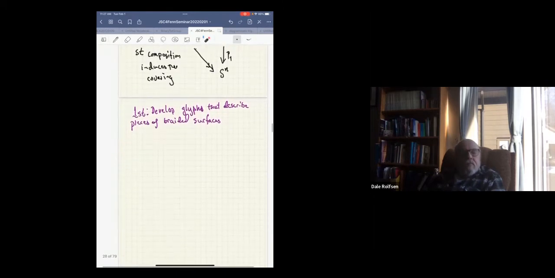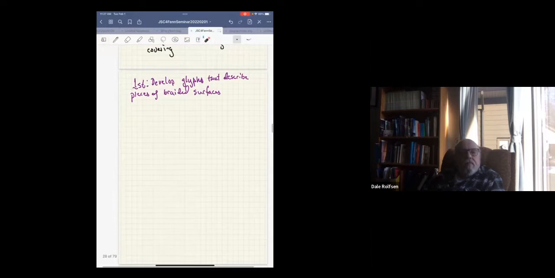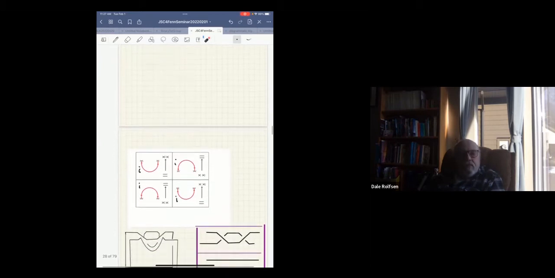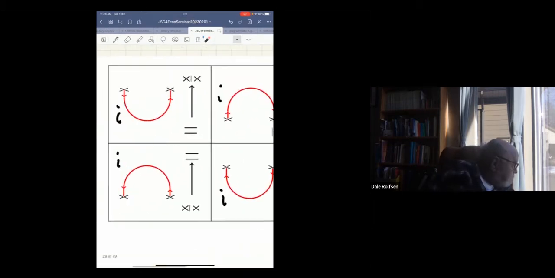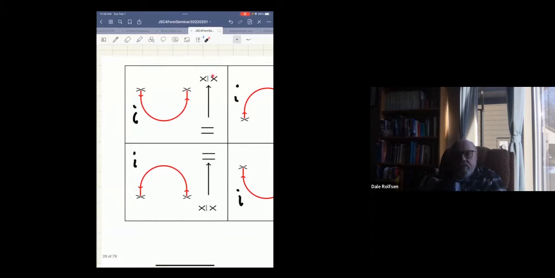Right. So we want to develop some glyphs that describe pieces of braided surfaces. One of those glyphs is going to be either a cup or a cap, and there's an orientation. And there's an index on the glyph, which is an I, which is a braid index. So if you think about this X as being a sigma I, then this would be X bar.